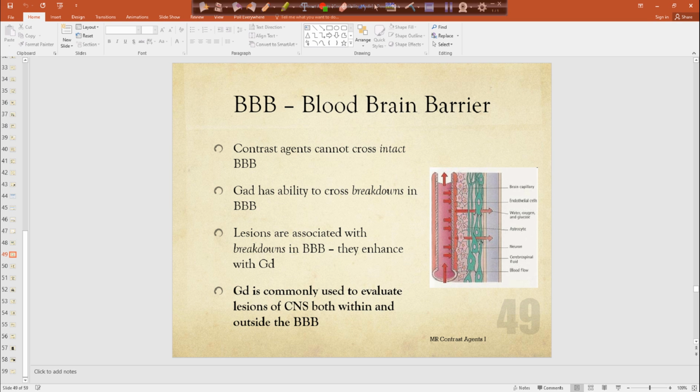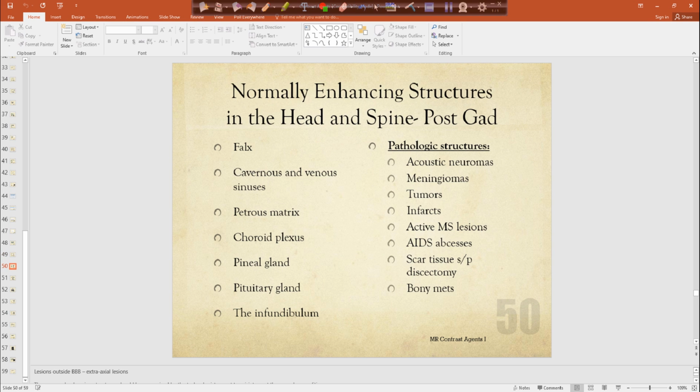And when they cross that breakdown, they enhance post-gadolinium. Here are the structures on the left that normally enhance post-contrast. So make sure you know this particular slide very well.